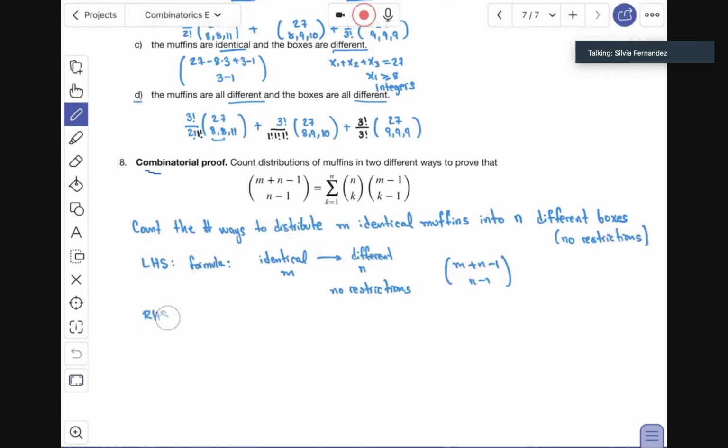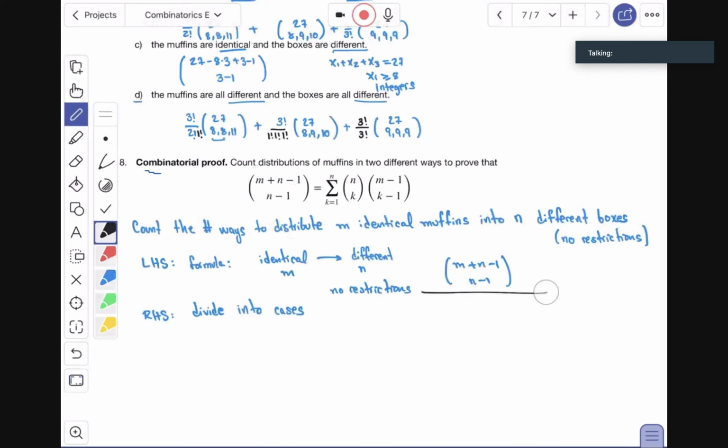On the other hand, you can divide into cases according to how many empty boxes you allow. So here, when I say no restrictions, in other words, I'm saying that empty boxes are allowed.